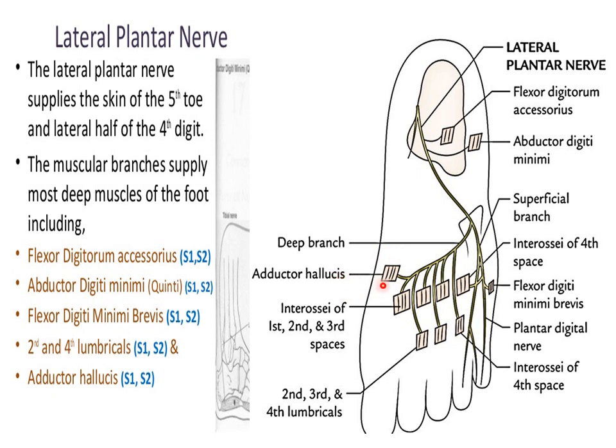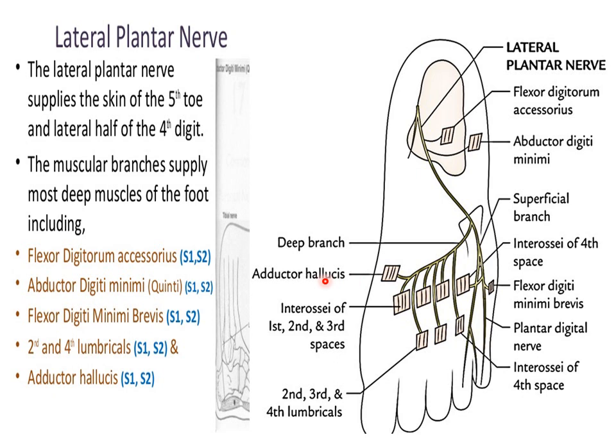So these are the branches given to the knee joint, three in number. These nerves accompany the arteries of the same name. And in the back of the leg, there is one articular branch to the ankle joint.